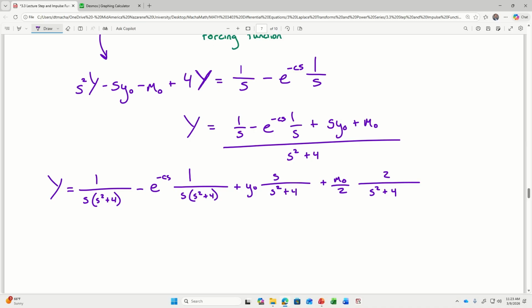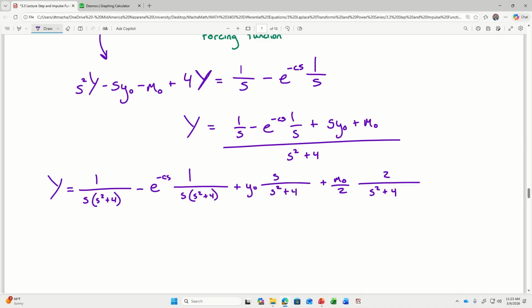Okay, what did we do? The 1 over s term, when I divide by s squared plus 4, it goes to this. The e to the negative cs stuff happens like this. And notice when it has sy0, I pulled the y0 out in front because it's just a constant multiple. And I remember s over s squared plus 4 looks like one of my Laplace transforms.